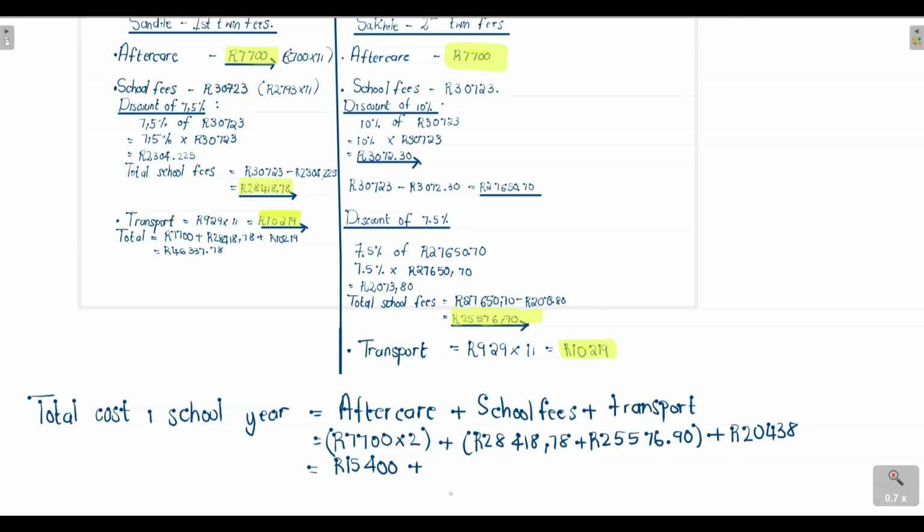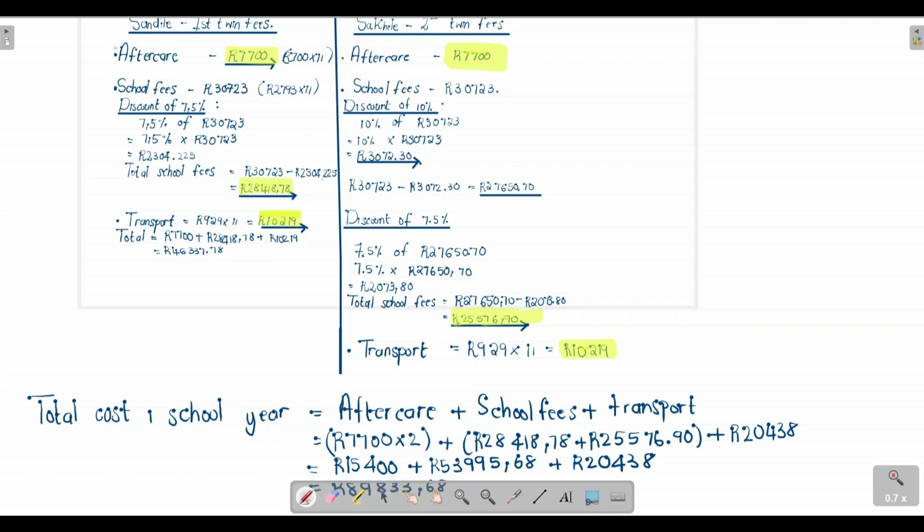That will give you 53,995.68 cents, right? Plus, just bring that 20,438 down, okay? To find that the total cost that Mrs. Dlamini pays towards her son's school fees per school year is 89,833 rand and 68 cents, right?